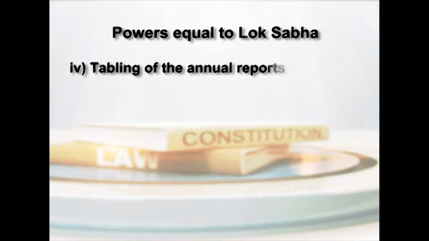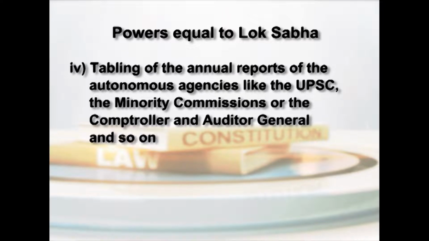Fourthly, the tabling of the annual reports of autonomous agencies like the UPSC, minority commissions, or the Comptroller and Auditor General, and so on, requires the approval of both the houses.